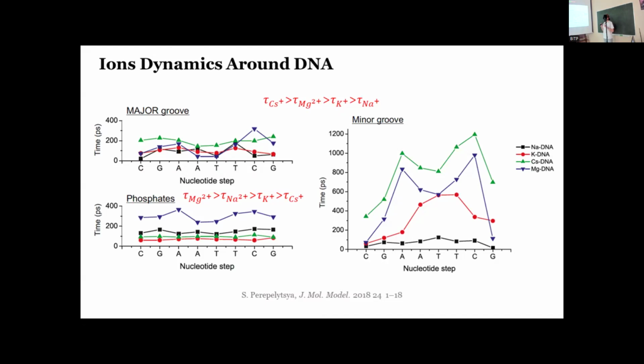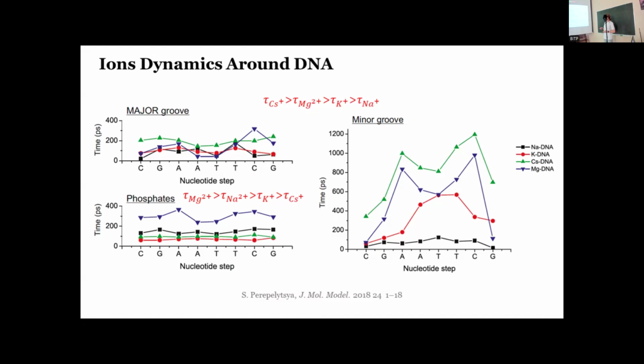In short, the longest residence times were observed in the minor groove of DNA, with the longest time for cesium ion, which can reach 1 nanosecond, and the shortest residence time was observed for the sodium ion, which is less than 100 picoseconds.